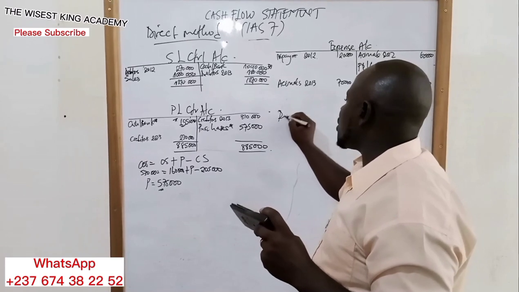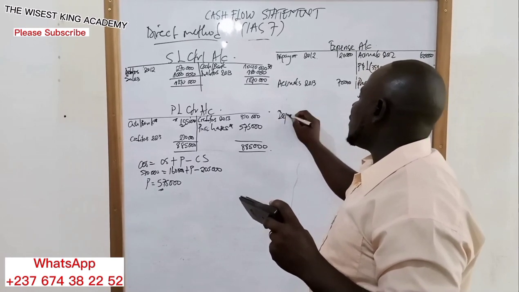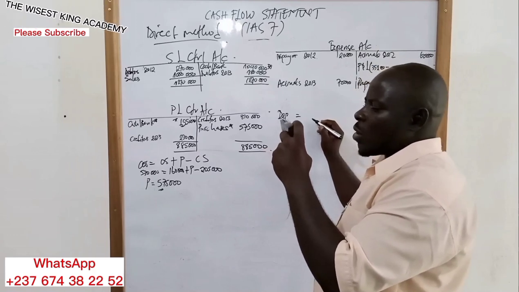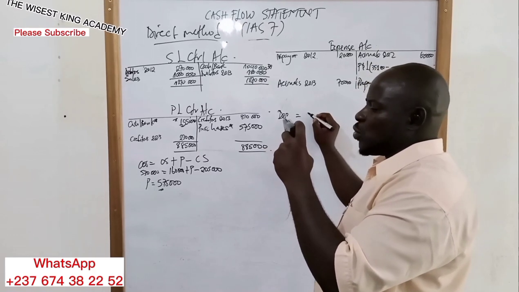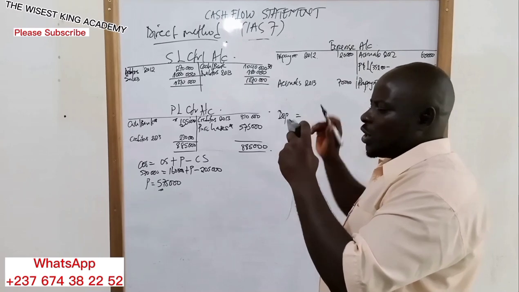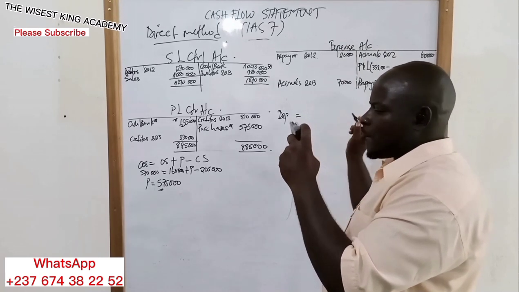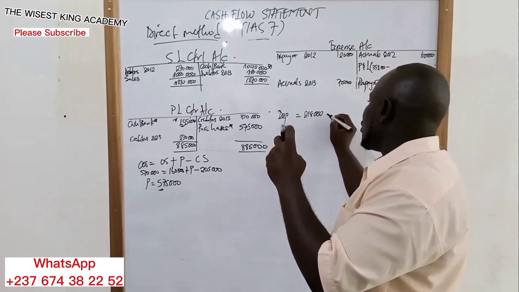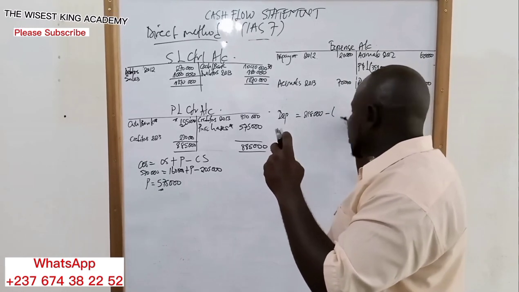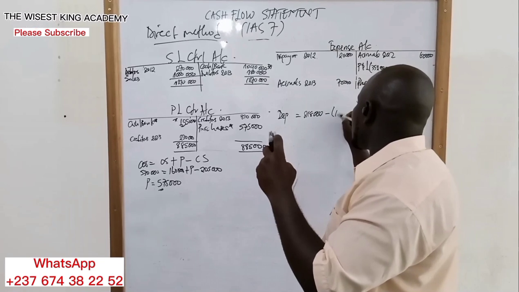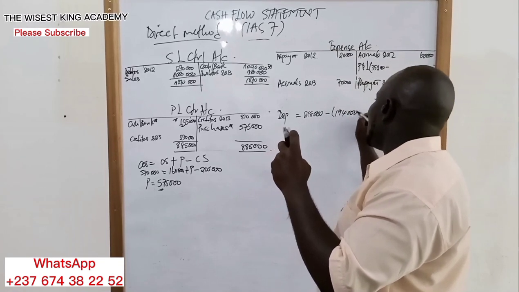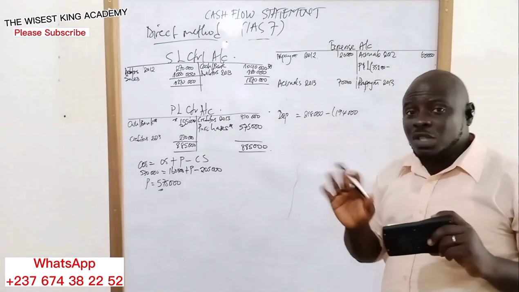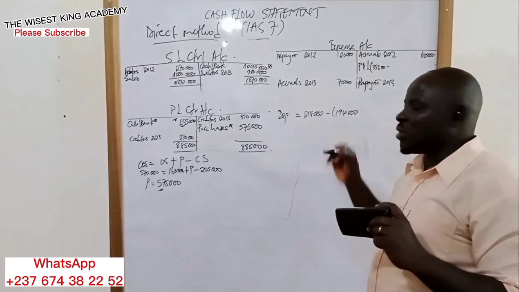How do we get the depreciation? To get the depreciation of the period, take the accumulated depreciation for 2013, which is 218,000. We subtract from it the accumulated depreciation for 2012. But now there is an issue. Normally, if there was no disposal of non-current assets, I would take this minus this and have it.